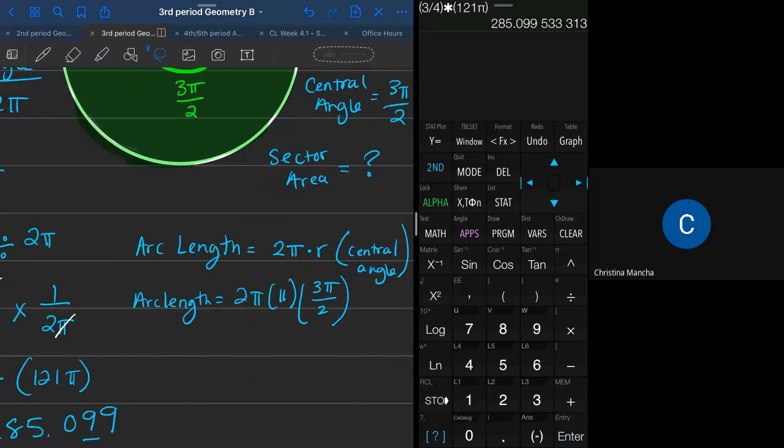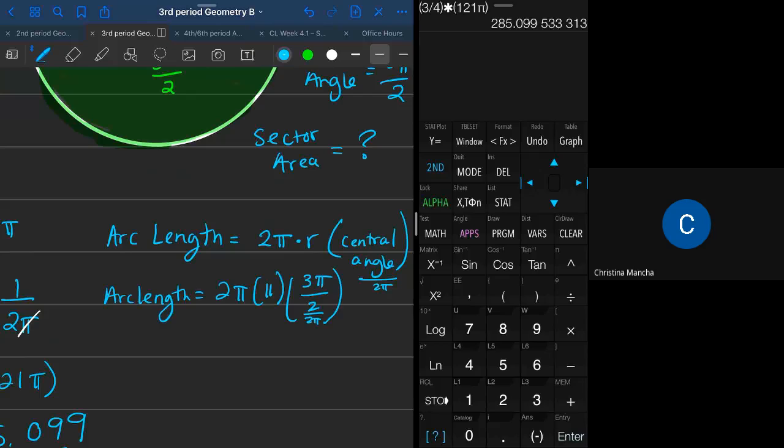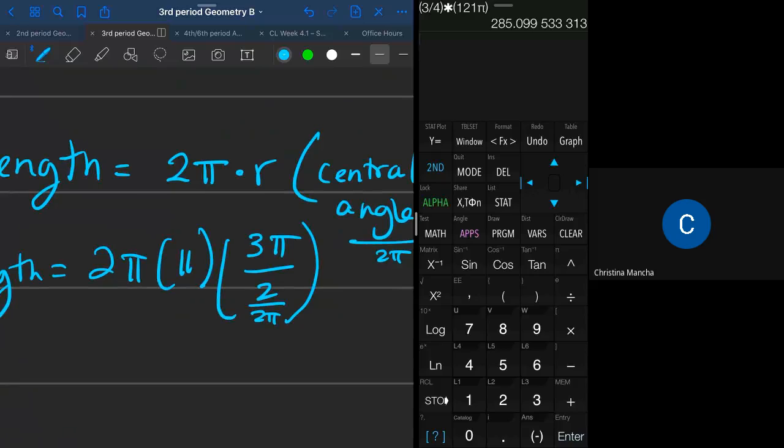Divided by 2 pi, in this case, divided by 2 pi if it's in radians. So this here turns out to be the same in terms of this fraction here.